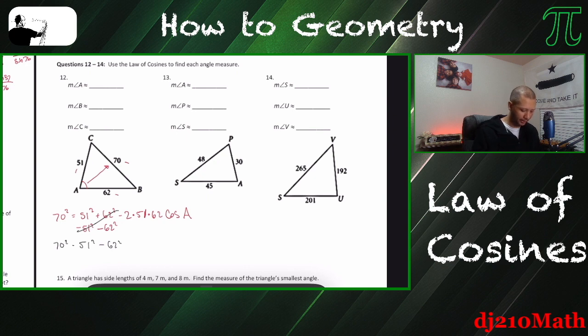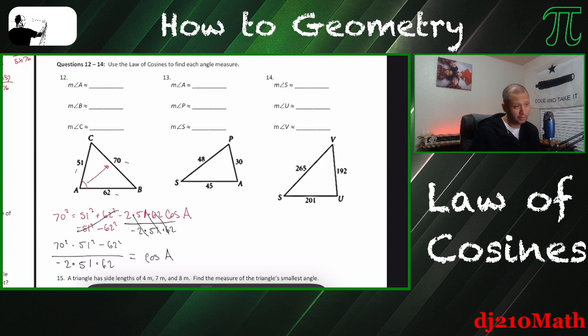So I can divide both sides by -2, 51, and 62. Now you could technically do them one by one, I'm just going to do it in one move. So -2 times 51 times 62, and this should equal, because all this is going to cancel, cosine of big A.